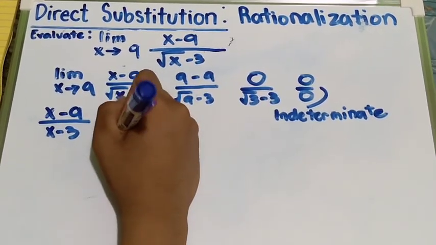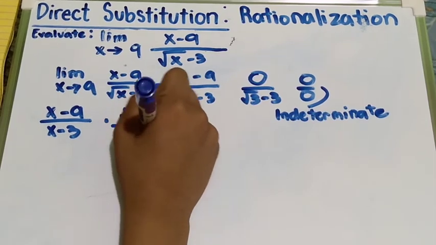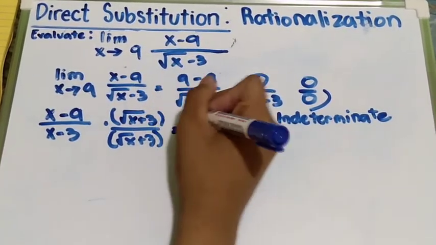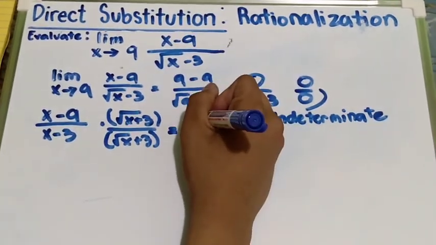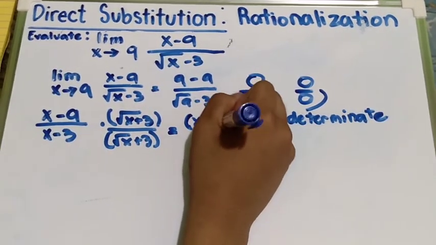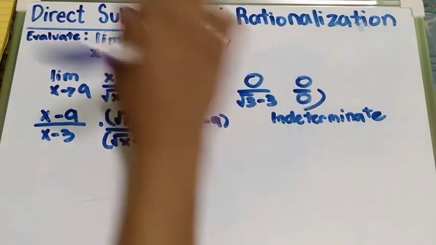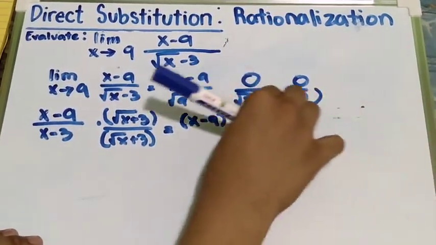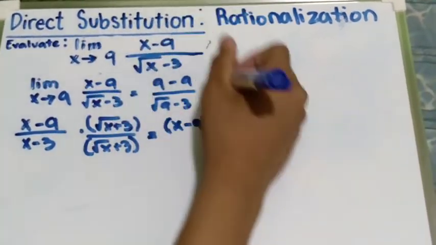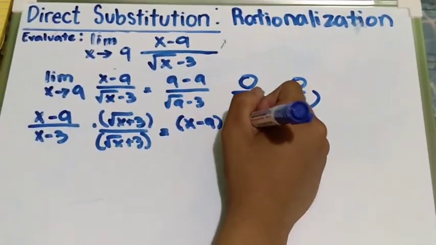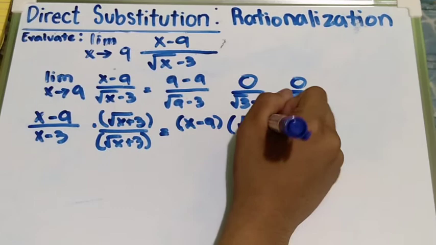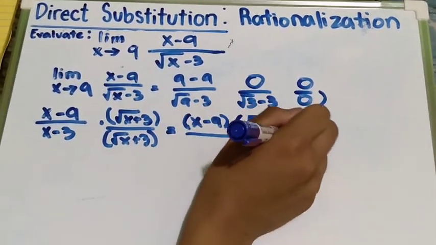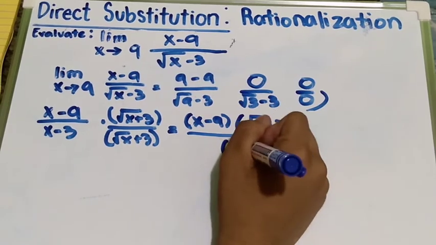So x minus 9 times the square root of x plus 3 over x minus 9. You will cancel the same terms. So the remaining is the square root of x plus 3.